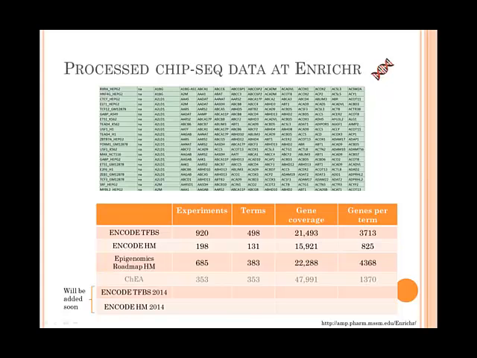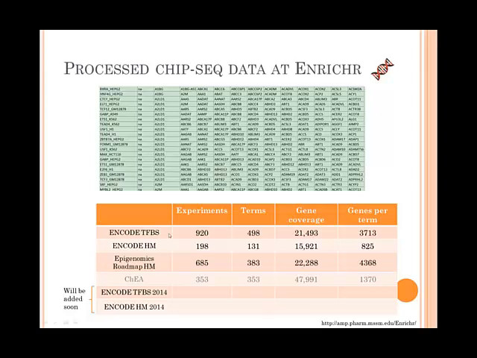Here is a summary of the data sets we have. So these data can be accessed through Enrichr. It's a web app developed in the lab. So far we have the number of experiments, which are the data sets we got from ENCODE, and then after I merged the replicates, unified experiments, there are this many terms for each of the data sets.